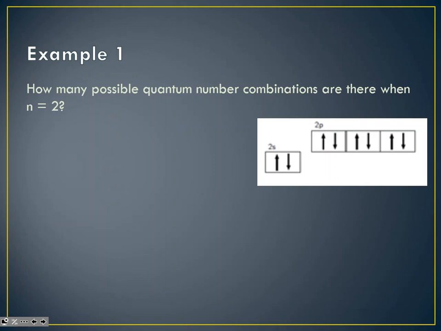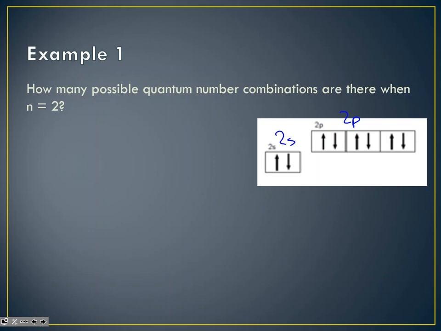Now, we're going to go step by step through this one. How many possible quantum number combinations are there when n equals 2? Well, here is the second energy level. There's 2 sub-levels in the second energy level, 2 subshells. This is 2s, this is 2p, okay? We're going to go electron by electron and assign them their quantum numbers.